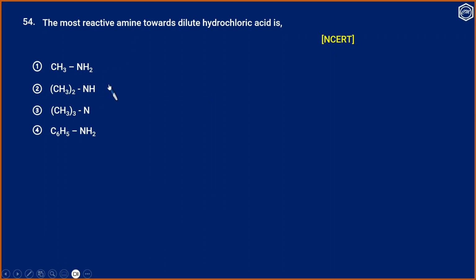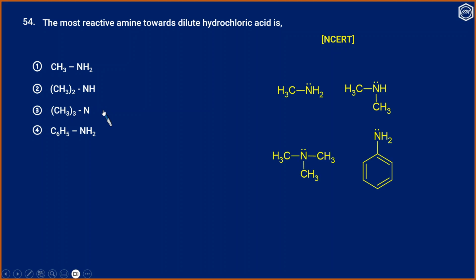To find out the answer, we have to check the structure of these compounds first. This is CH3NH2, (CH3)2NH, (CH3)3N, and aniline. In all these cases, nitrogen contains a lone pair of electrons.